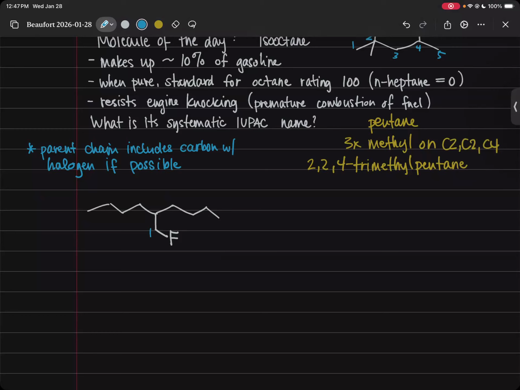The parent chain still has to be a continuous chain of carbon atoms, so the fluorine can't be atom number 1. But number 1 is going to be the carbon attached to the fluorine, and we'll go away from it. In this case, it doesn't matter if we go to the left or right, because they're the same size.